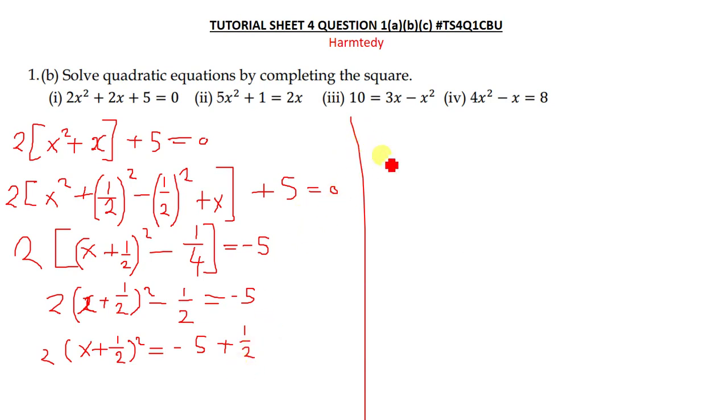To be 2, and then open brackets, x plus 1 over 2 squared is equal to, when you simplify this, we're going to have negative 10 plus 1, which is negative 9.